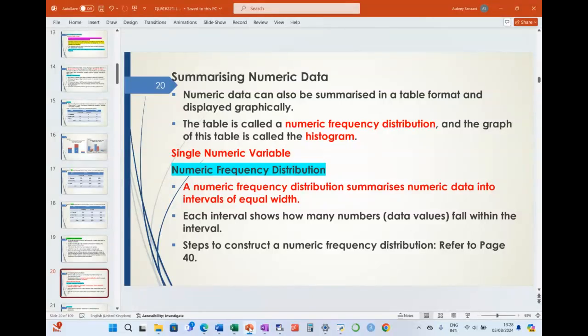Here we can use a numeric frequency distribution. We can use a histogram. Who knows what a histogram is? Anybody? I see that smile on your face.